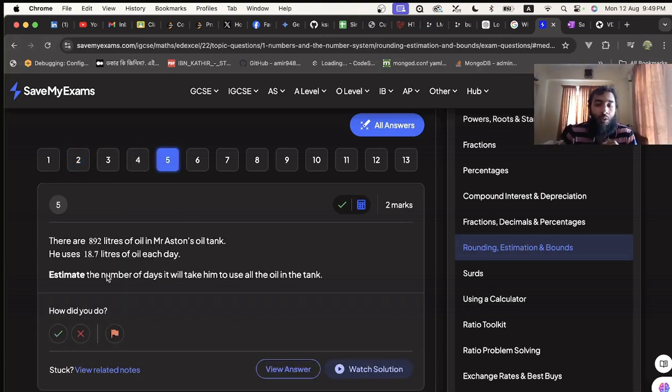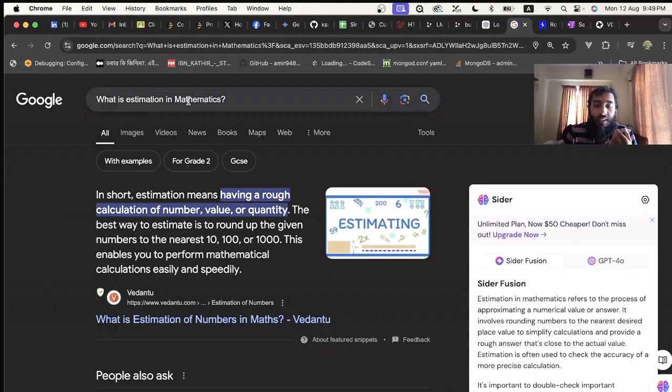Okay. So before going into 5, I have to briefly look into the concept of estimation. So what is estimation? If I go to Google and search what is estimation in mathematics, in short, estimation means having a rough calculation of a number, value or quantity. So estimation is basically a rough calculation that is close to the number.